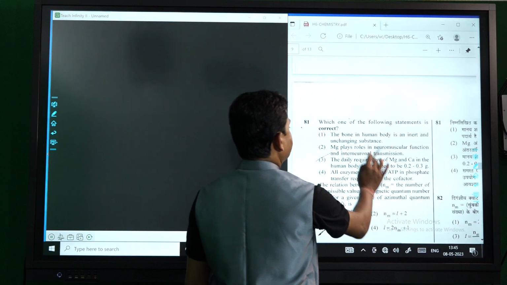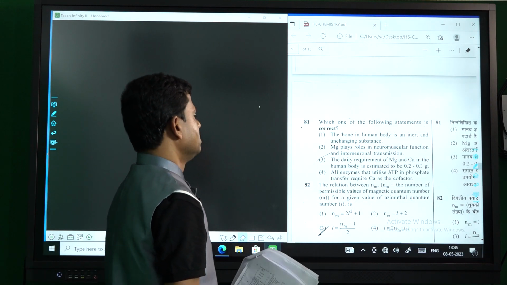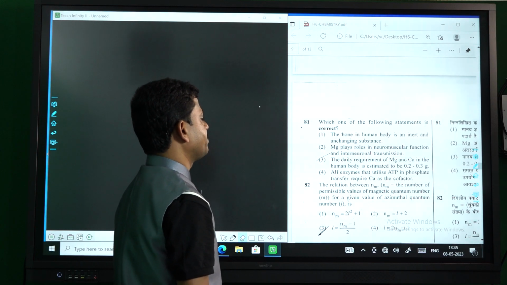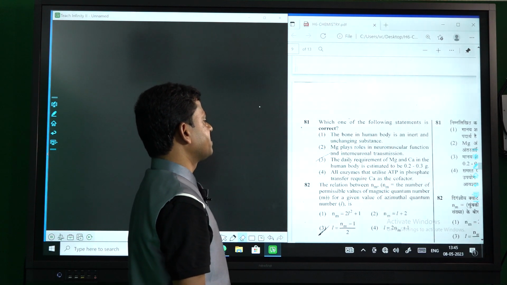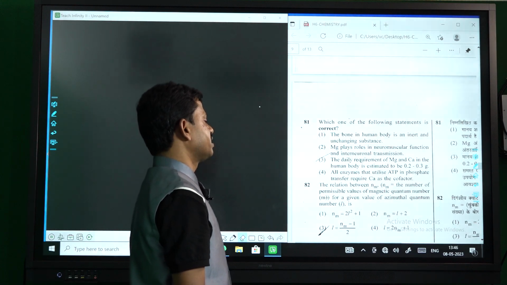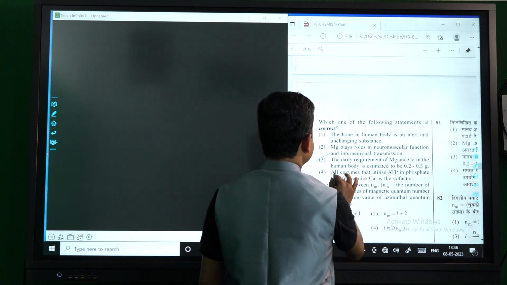Magnesium plays a role in neuromuscular function and intraneural transmission. The daily requirement of magnesium calcium in the human body is estimated 0.2 0.3 gram. All enzymes that utilize ATP in phosphate transfer require calcium as the cofactor. Dear students, magnesium as the cofactor, that is incorrect.